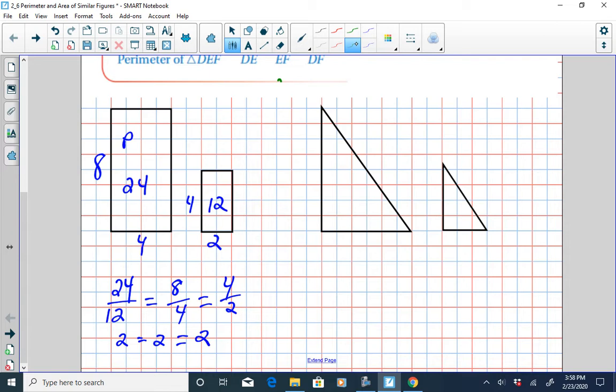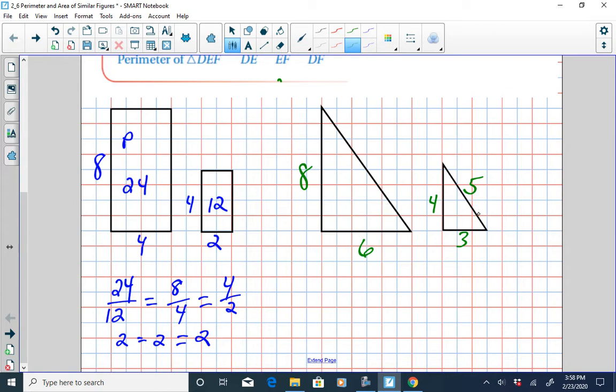Let's try the rule for some triangles. So here's a triangle that's 8 by 6, and the corresponding triangle would be 4 by 3. Now the perimeters are a little tricky for triangles because we have this diagonal, but hopefully those of you watching the video recognize that we have a very special right triangle here. This is our Pythagorean triple triangle, the 3, 4, 5 triangle.